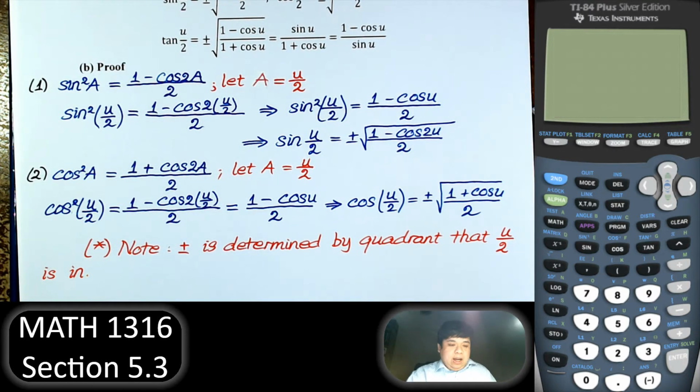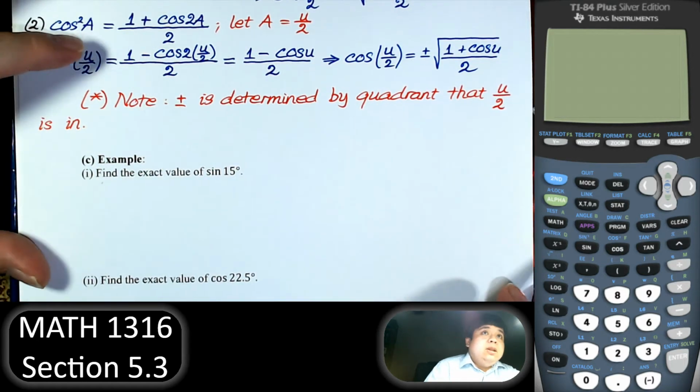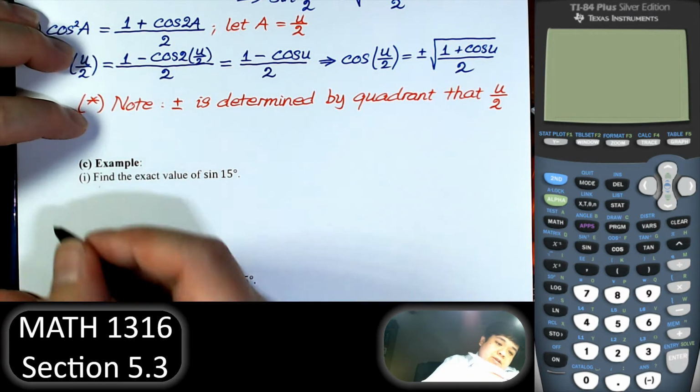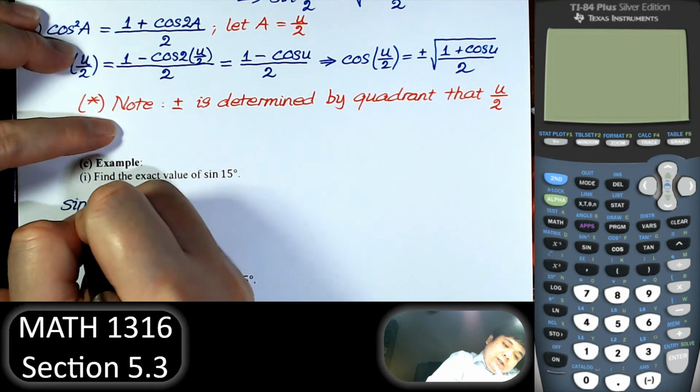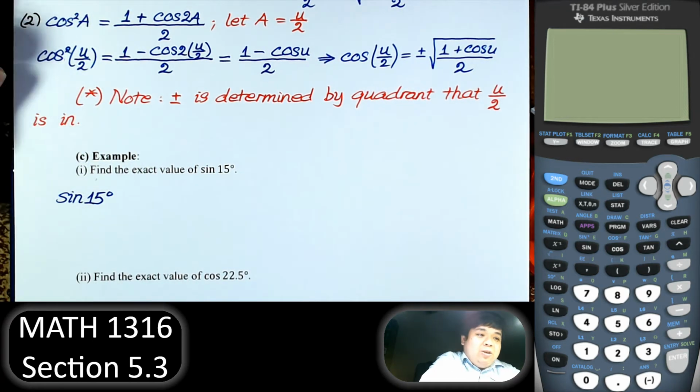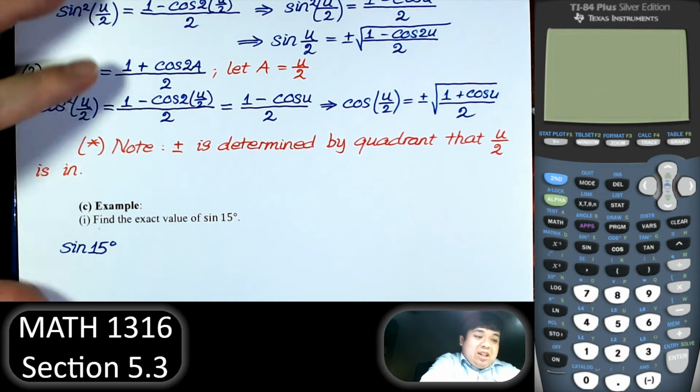Right. Let's look at some examples. Find the exact value of sine of 15 degrees. So we start with sine of 15 degrees. And of course this is a half angle identity, right? So it is a sample right below it.